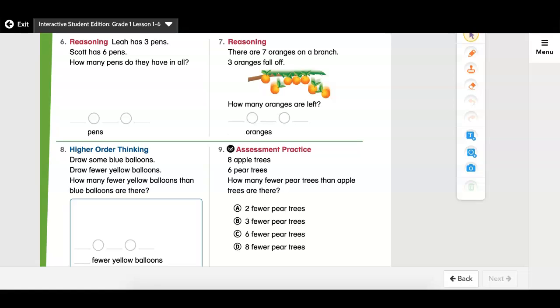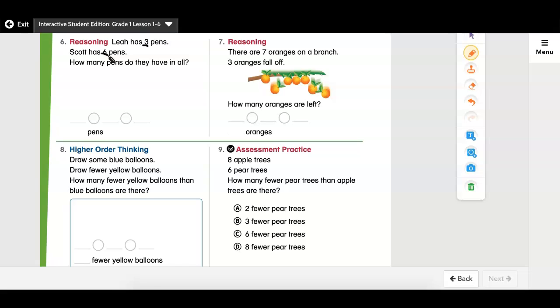Last page of our workbook, so page 28, last page of our lesson today in our workbook. Number 6 says Leah has 3 pens. Scott has 6 pens. How many pens do they have in all?